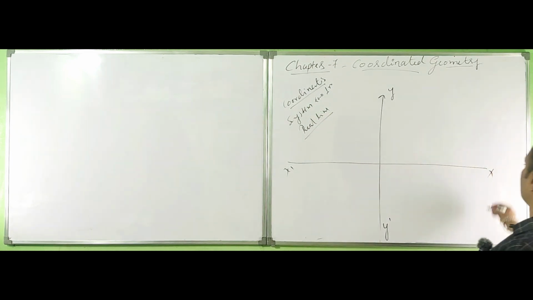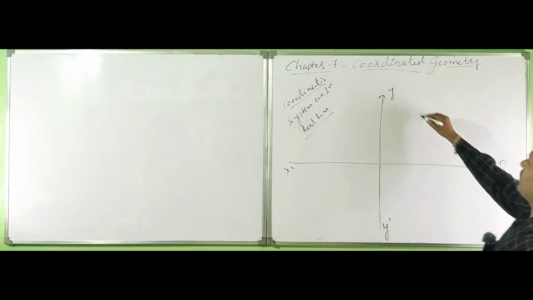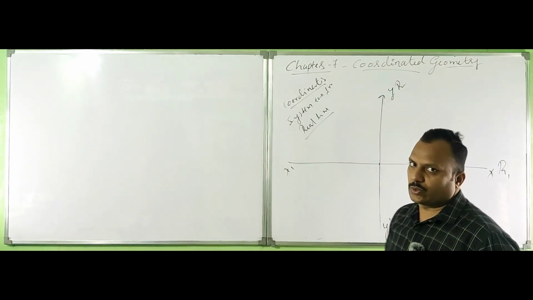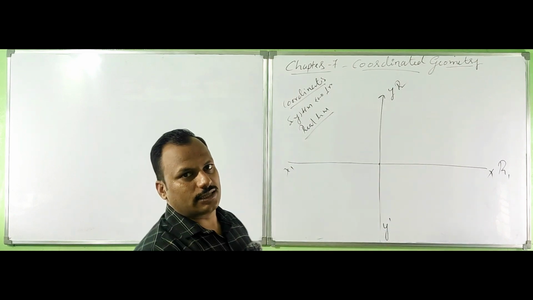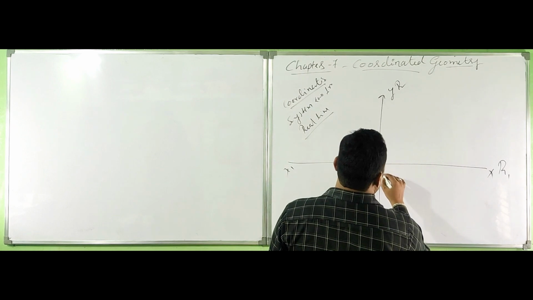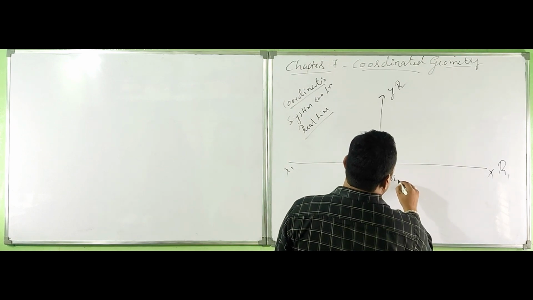This is R1, this is R2. The point where the real number lines meet, where they intersect, is called the axis, and this point is called the origin. This is O, called the origin.